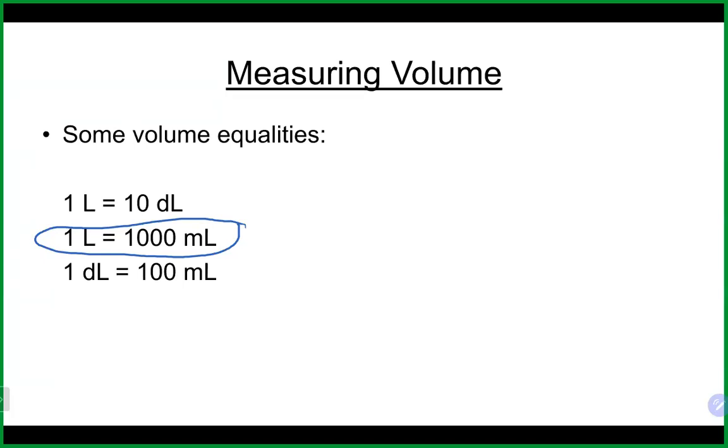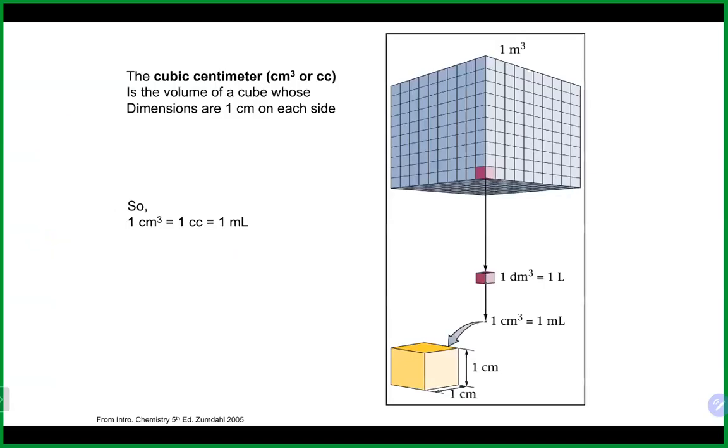1 liter is 1,000 milliliters. Also, 1 milliliter is the same as a cubic centimeter, right? And that is also a relationship that we see a lot with volume. The cubic centimeter, sometimes referred to as the cc, is the same as a milliliter. This is one way that we could get a volume of something, by taking the length times the width times the height, like you'll do today with the ruler for a cube.